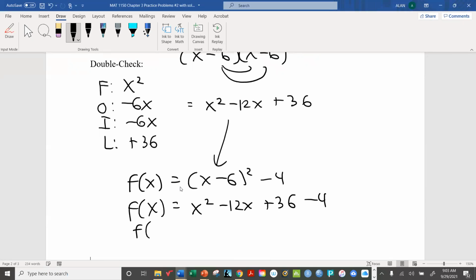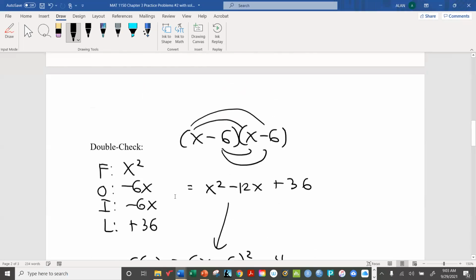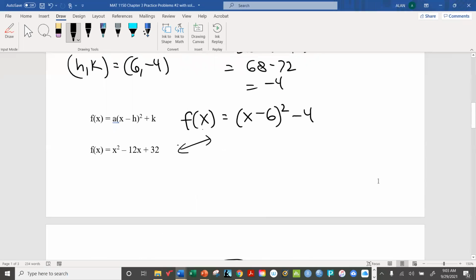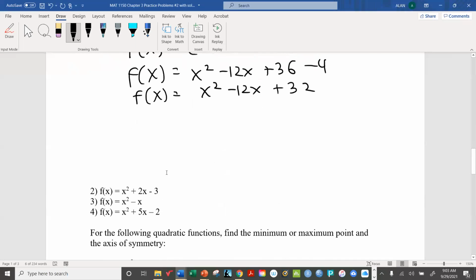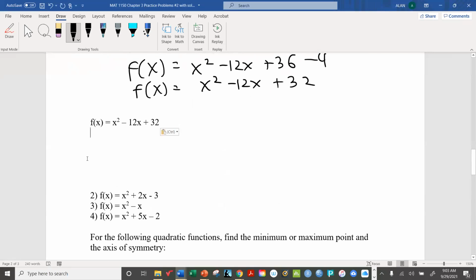And our final result is x squared minus 12x plus 32. And that, of course, was the original equation. It's right there. Just copy that down here again. So what we just did was we proved that we did it correctly.